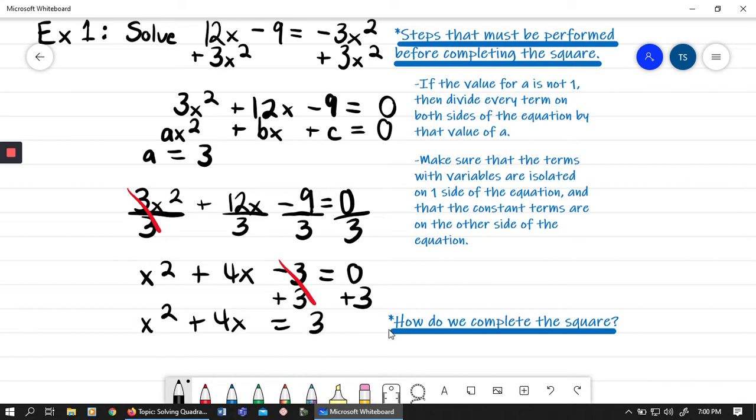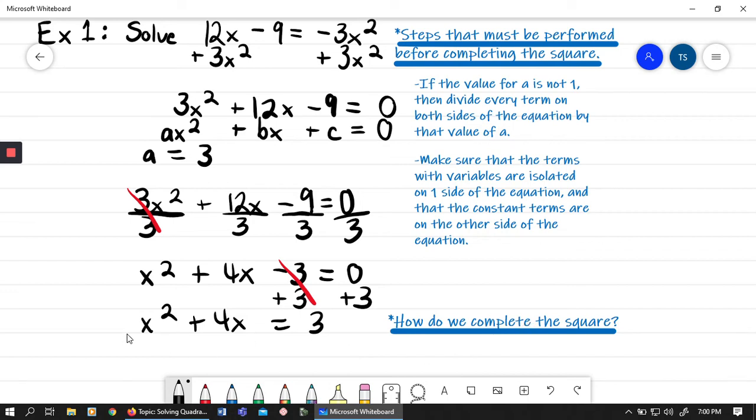When we are completing the square, you look at this new equation and you need to calculate, as the first thing, b divided by 2 and then square that quantity. I'm going to say that again.